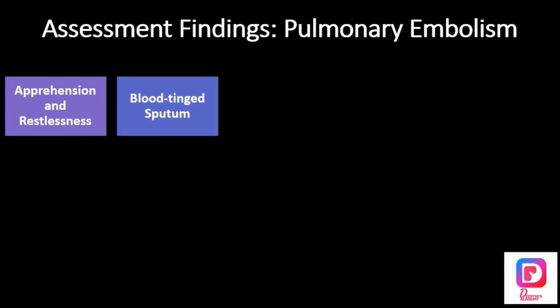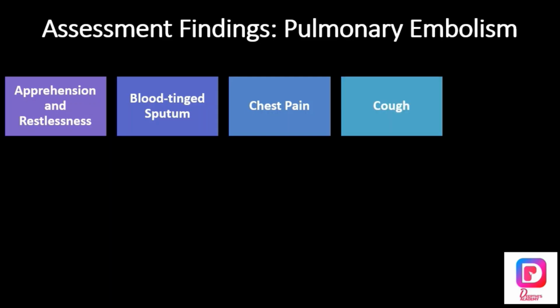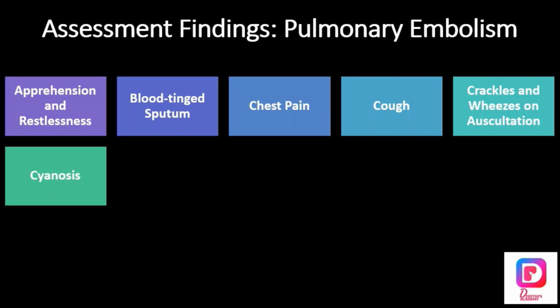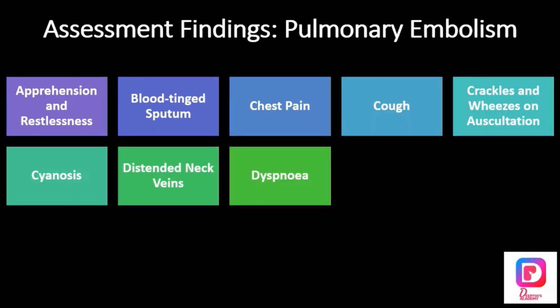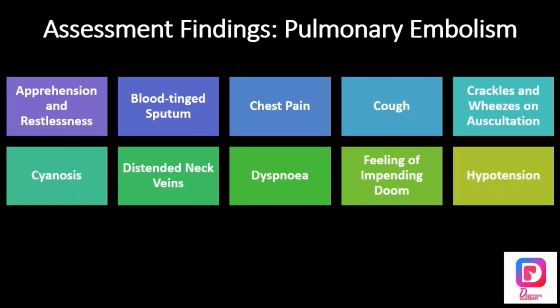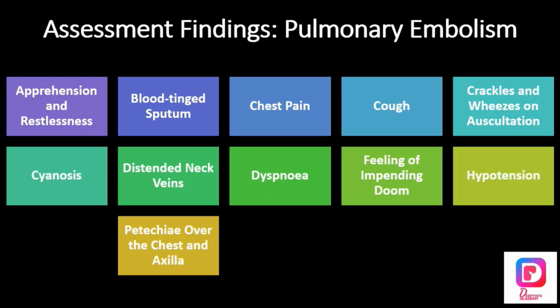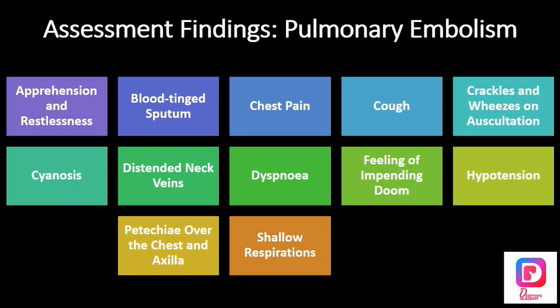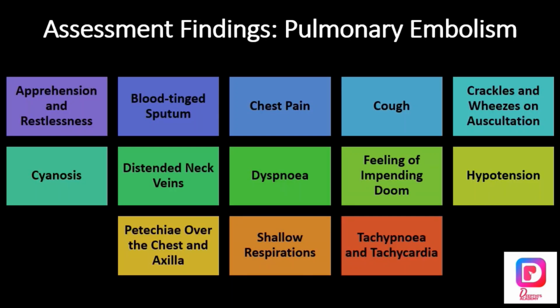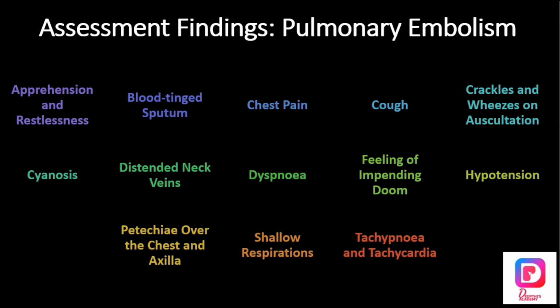The sputum will be blood-stained, with chest pain, cough, crackles and wheezes on auscultation, cyanosis, distended neck veins, dyspnea accompanied by anginal and pleuritic pain exacerbated by inspiration, a feeling of impending doom, hypotension, fatigue, and shallow respirations. Also tachypnea and tachycardia. These are the signs and symptoms that we can find during assessment of a patient with pulmonary embolism.